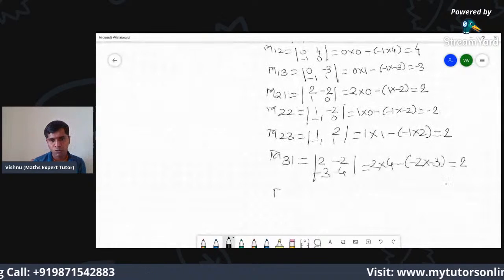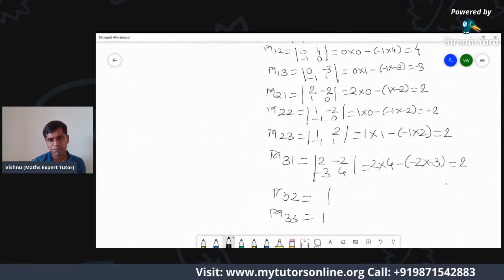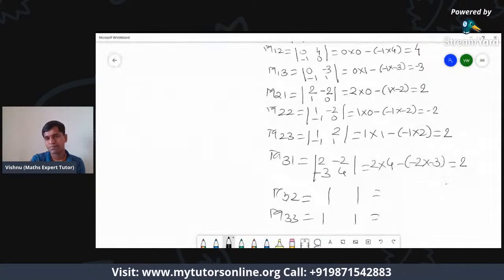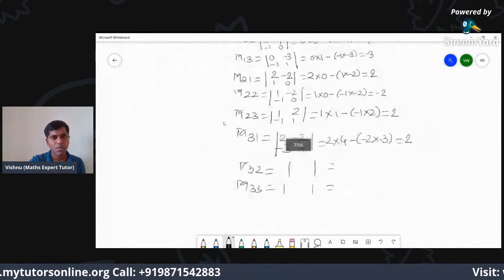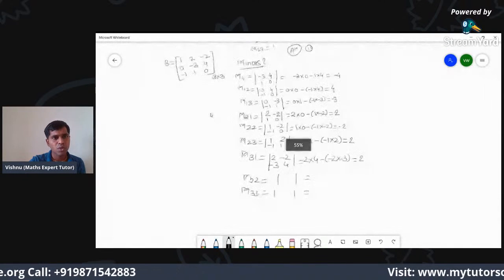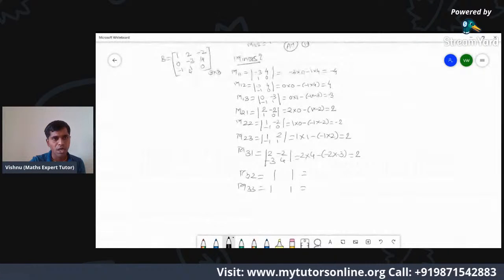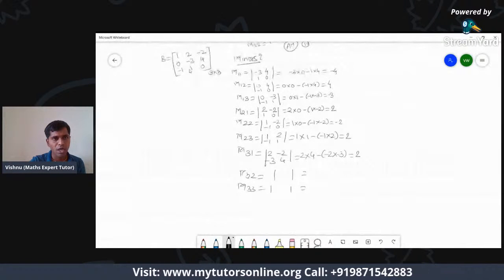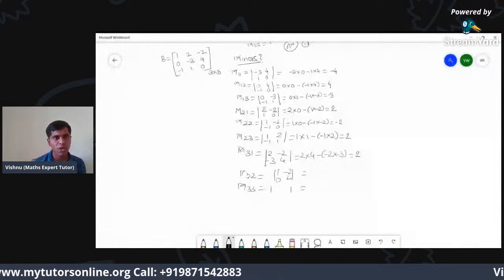M32 and M33. Let's calculate that. So M32 means third row, second column: 1 0 minus 2 4.